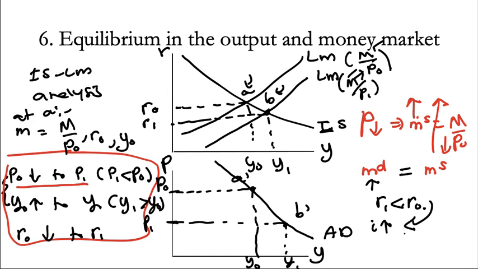Investors start to produce more in the factory, needing more labor, so employment increases, and then output increases. So initially, price falls down from P0 to P1, and then LM shifts to the right. Interest rate falls down from R0 to R1, and then output increases from Y0 to Y1, and then we can create the downsloping aggregate demand curve.